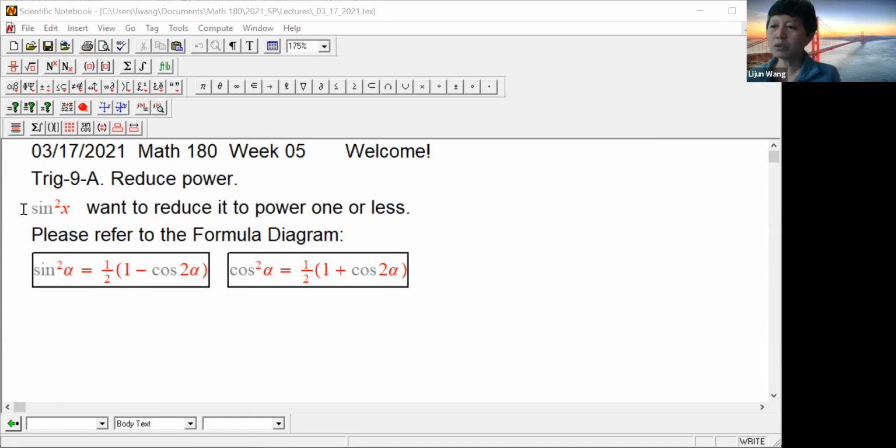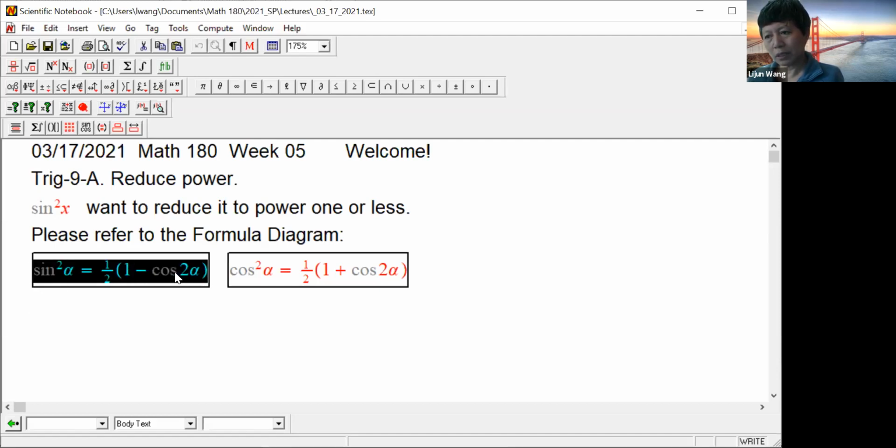How do we reduce the power for sine squared of x? In the first formula, this is derived from double angle formula. From the double angle formula, we derive this.